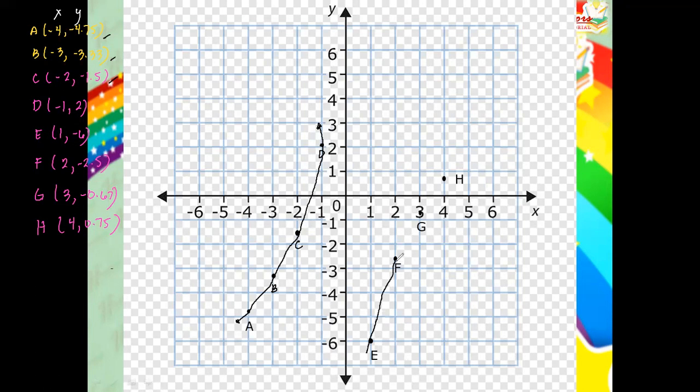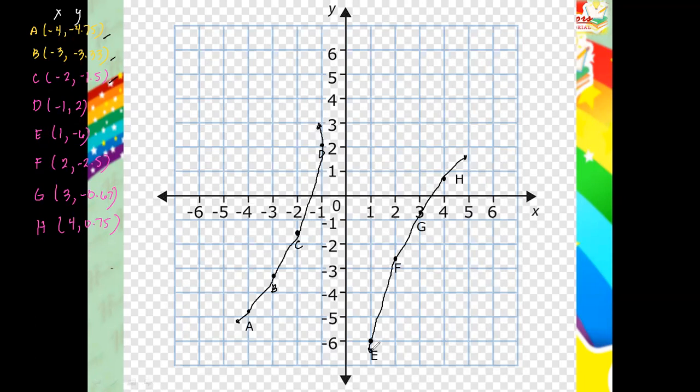It is better if you are going to try this on your paper. It is hard here because it is an application.